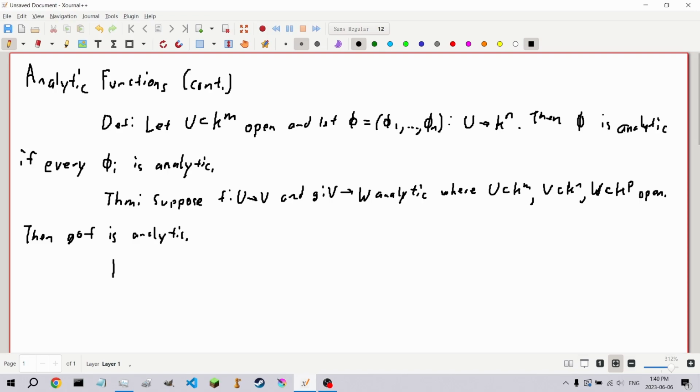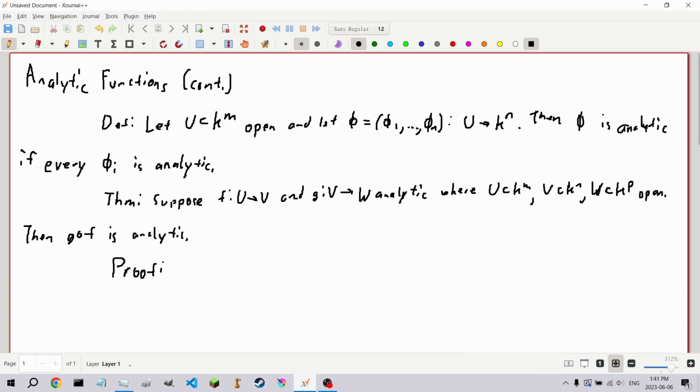Alright, and look at our proof. So, for it to be analytic, we need a local power series expansion at each point in our domain, which is U. And now we've seen that the class of analytic functions defined in open subsets of some vector space based on K is invariant under translation of domain or range.